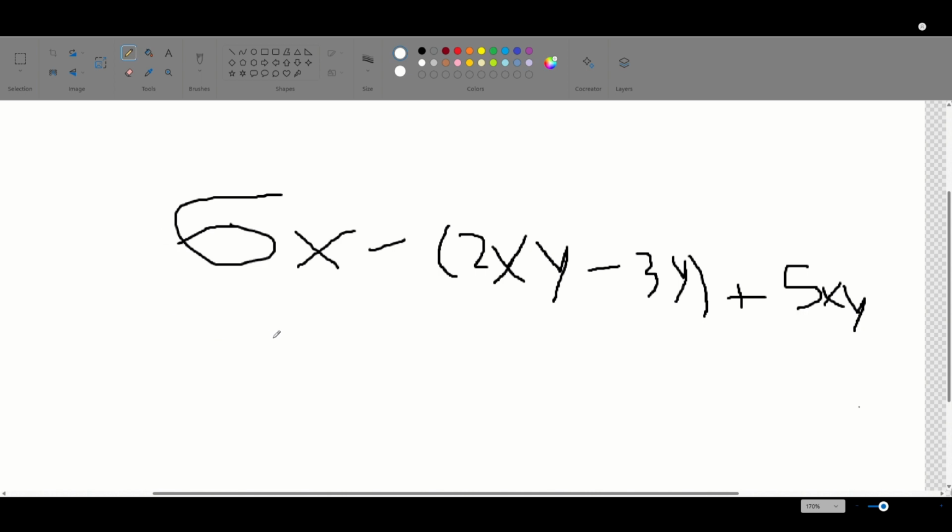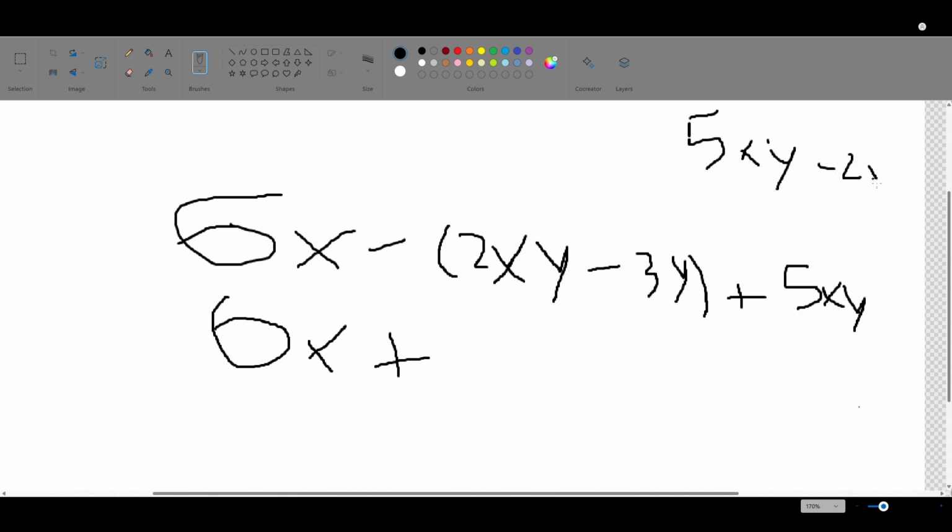So now it's 6x plus 3xy, because once we move the symbols, when you rearrange the symbols, it would be 5xy. So we would do 5xy minus 2xy equals 3xy.